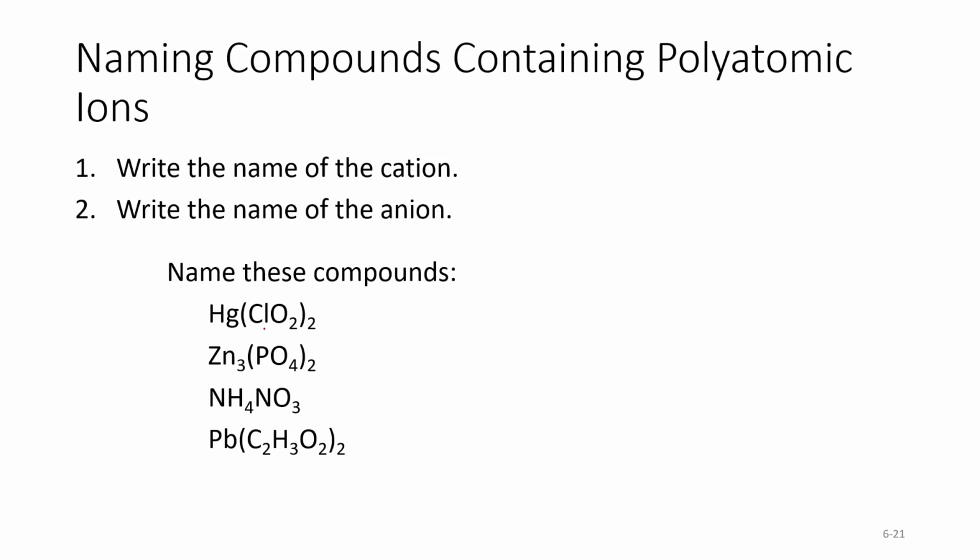So we're going to use that to try to name these compounds. First, anytime we approach something like this, we're going to look at the polyatomic ion and see if it has two or more elements, then we know that it's a polyatomic ion. So Cl and O we know is probably one of the polyatomic ions.